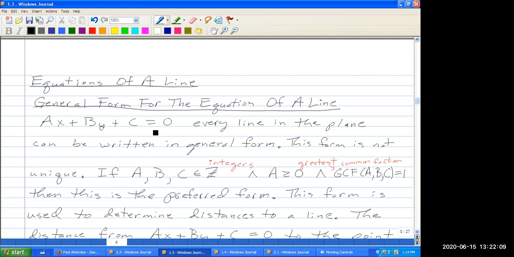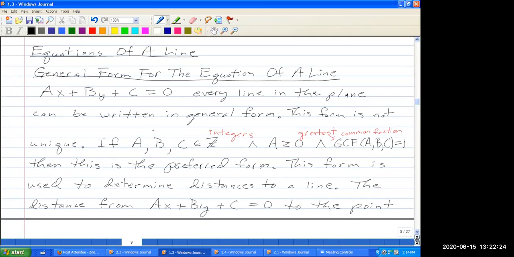This is the form that you would write on an exam, on the homework set. It is the form that you would see if you look at the answers in the back of the book. That's how they would give it.